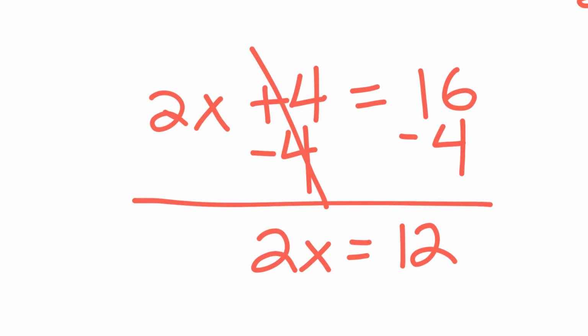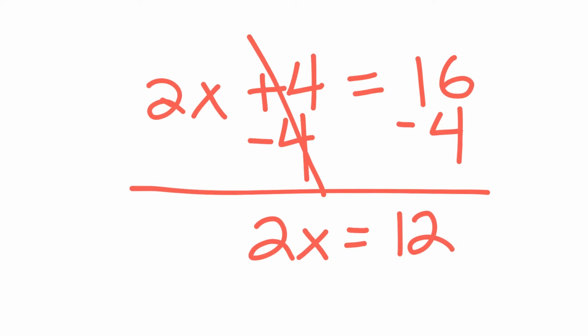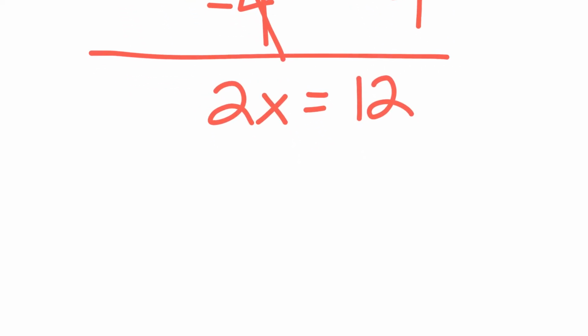So now coming back to our 2x, so now we have 2x equals 12, and we want to get that x by itself. So the next thing we do is the opposite operation of the 2x. So 2x is multiplication, because remember, it stands for 2 times x. So the opposite of that is division.